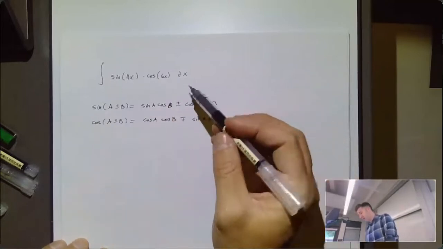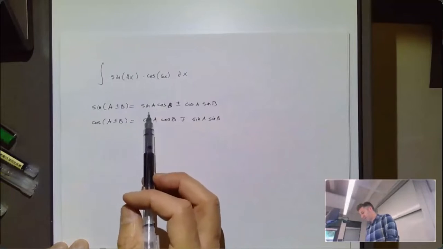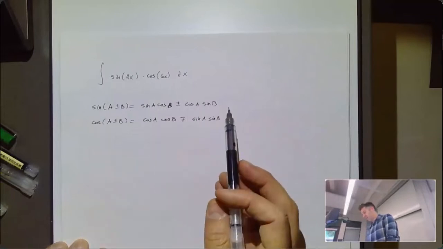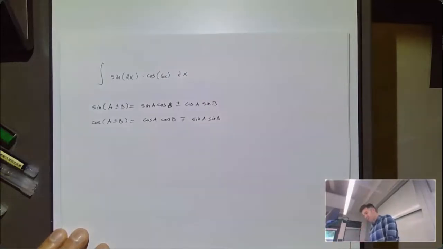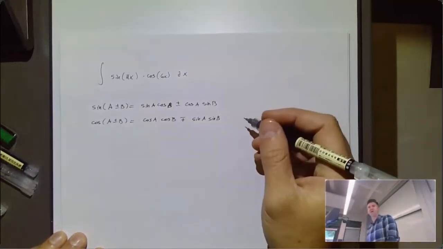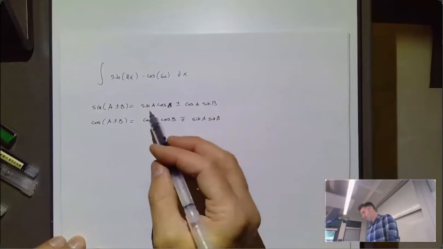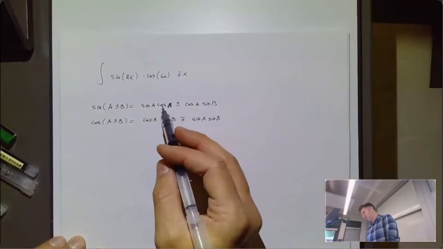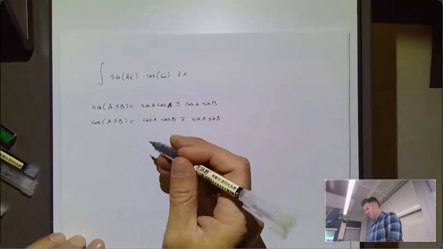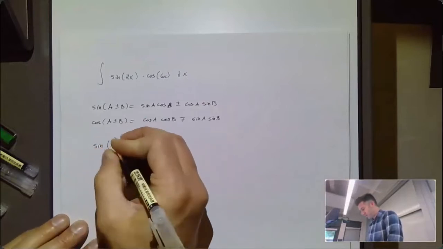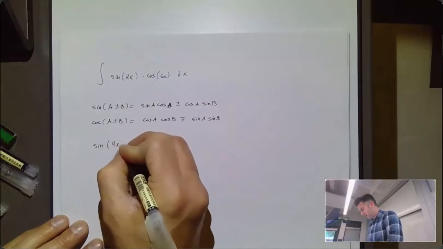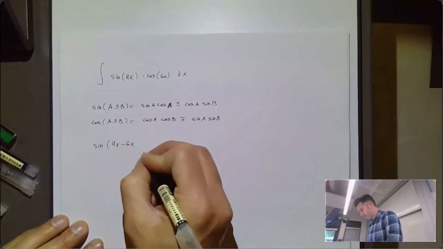And wow, yeah, I want sine of A times. So I want to use this formula here. So I think what I want is something like, oh gosh, yeah, it's terrible. I don't really like it. You're trying to make that come out. So you want like sine of 4x minus 6x.